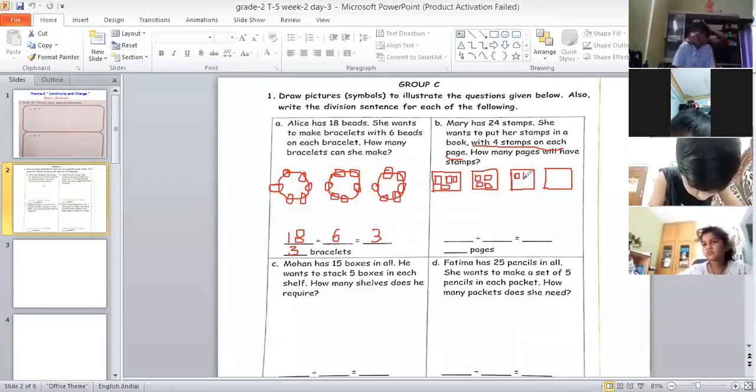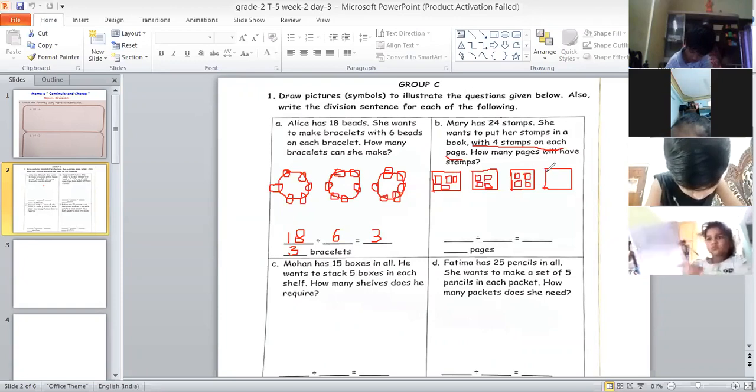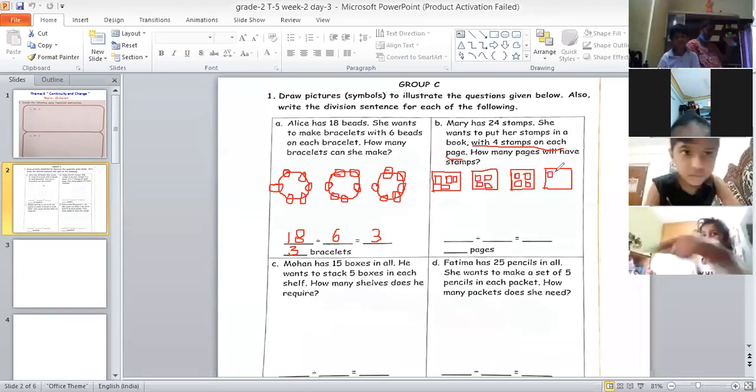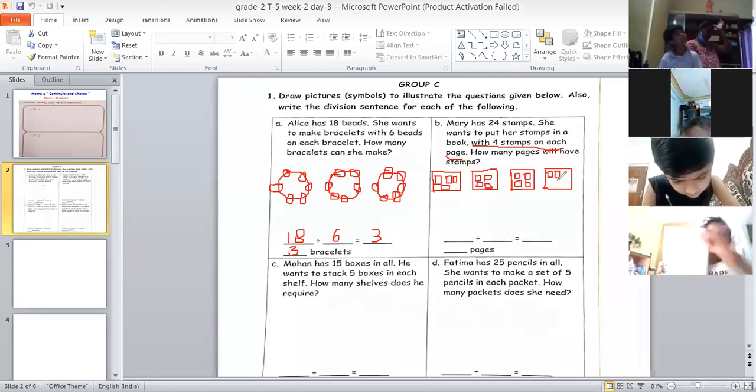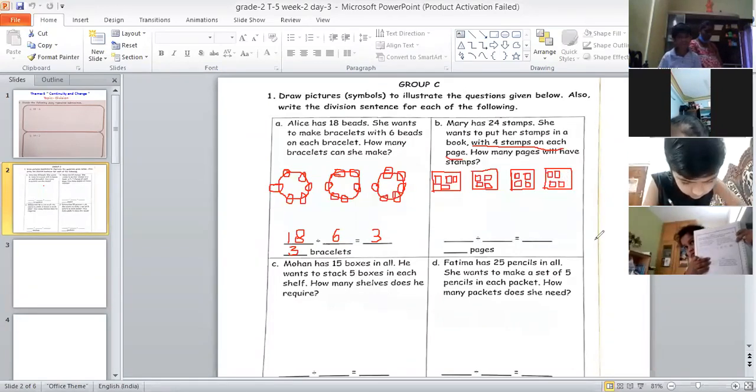So 1, and on each page there should be 4 stamps, not more than that. Count and then draw the number of stamps. 2, 3, and 4. Again 1, 2, 3, and 4.